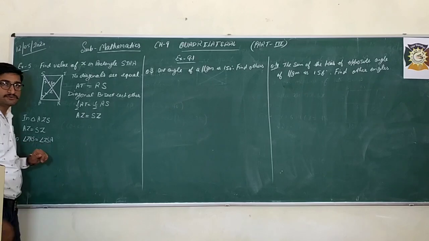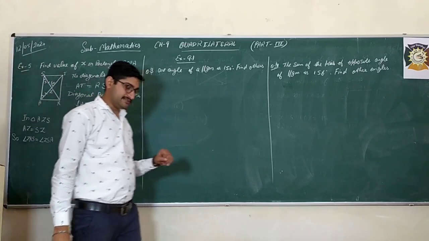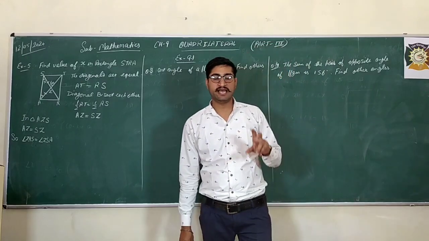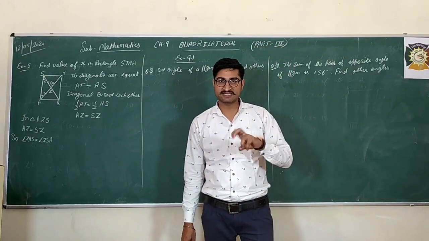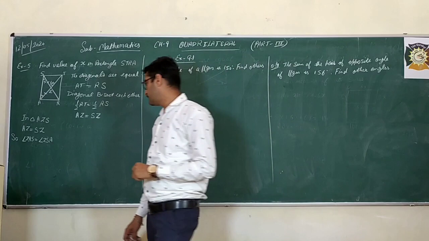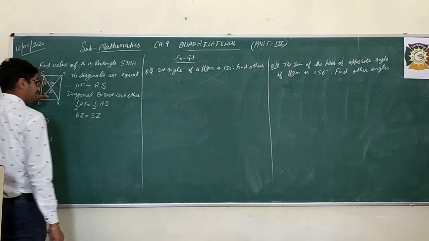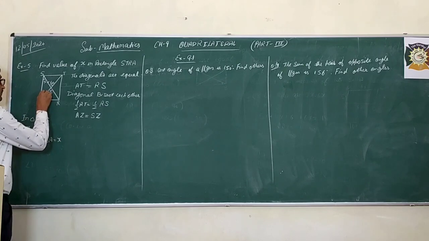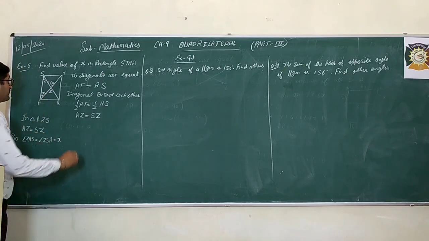Why are these angles equal? Because in a triangle, if two sides are equal, then the angles opposite to those sides will be equal. So if this value is x, then this value will also be x.